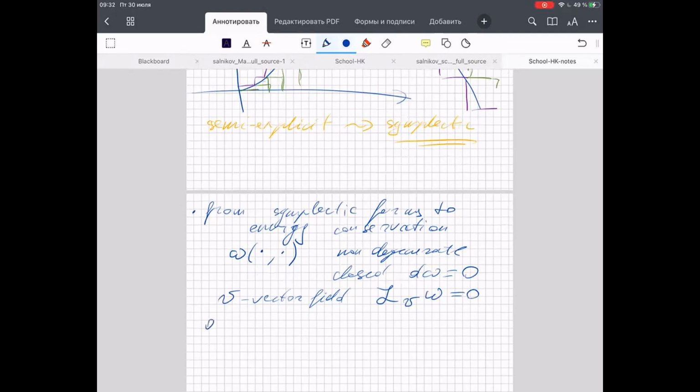So, question: H, energy, is it conserved by the flow of V?